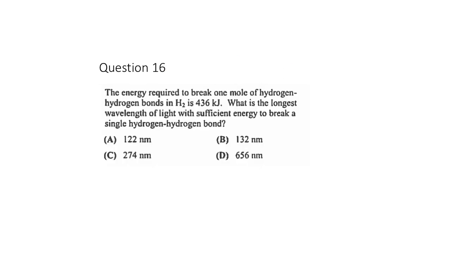The energy required to break 1 mole of hydrogen-hydrogen bonds is 436 kJ per mole. What is the longest wavelength of light sufficient to break this bond? And so this is where we use E equals h nu. This is per photon. So 1 photon interacts with 1 atom. So we want to say, well, what's the energy for 1 H2 bond instead of per mole?